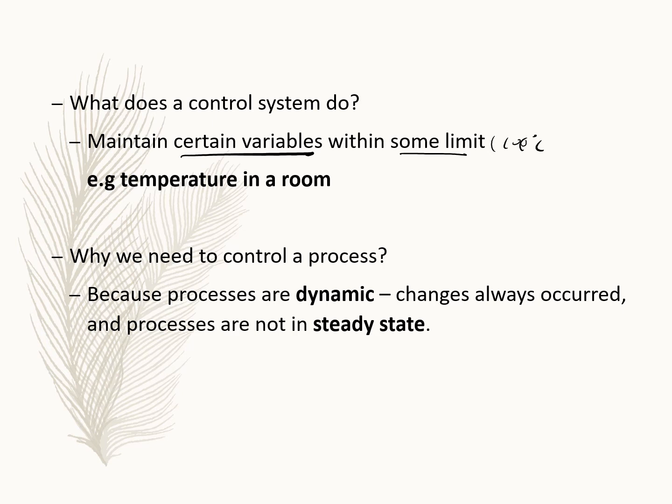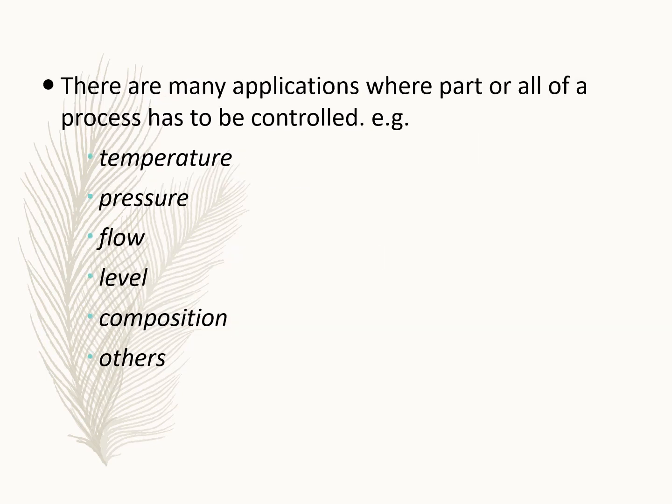So next, why do we need to control a process? Like what I was saying before, because processes are dynamic, changes always occur, and processes are not in steady state. So that's why we really need process control. There are many applications where part or all of the process has to be controlled. This is a list of the process conditions that we can control based on the objective that we want.